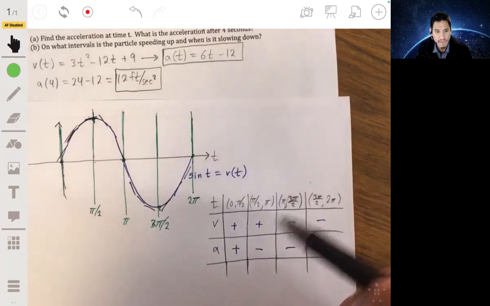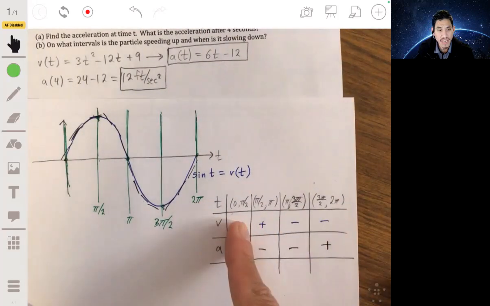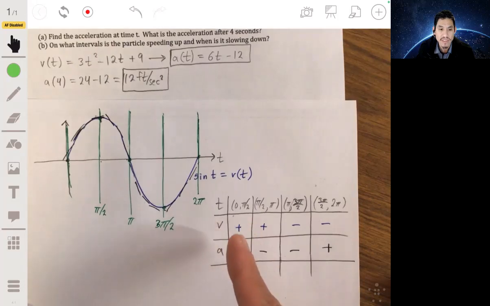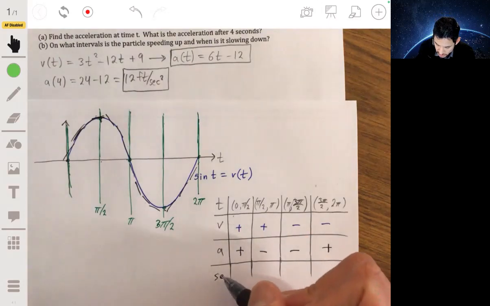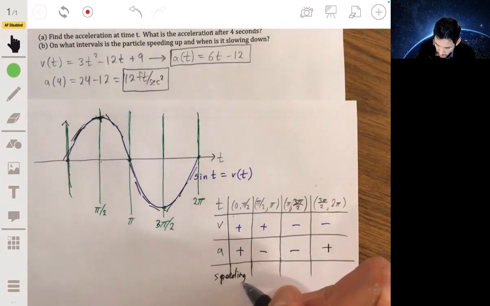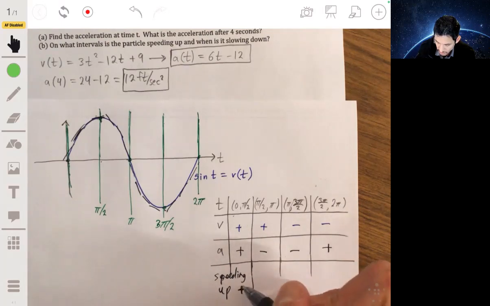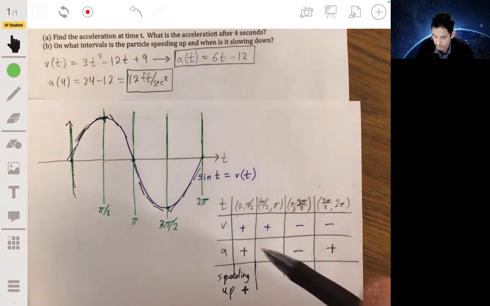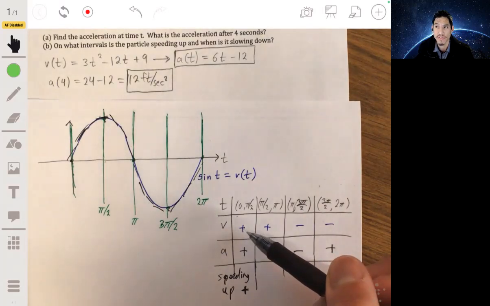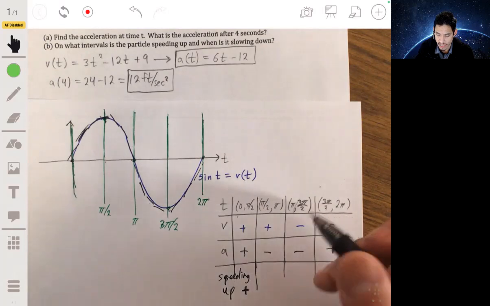On 0 to pi over 2, we can say that the object is speeding up in the positive direction. I'm going to put positive direction just to save some space. Speeding up in the positive direction, because velocity tells you the direction it's moving, and it's moving in the positive direction, or to the right, if we're saying the right is the positive direction.